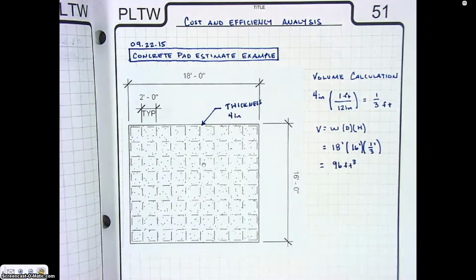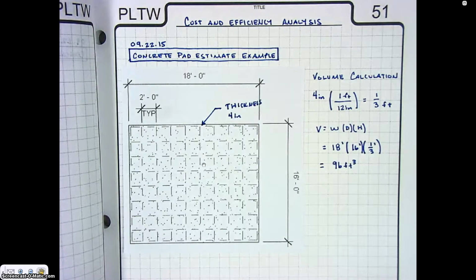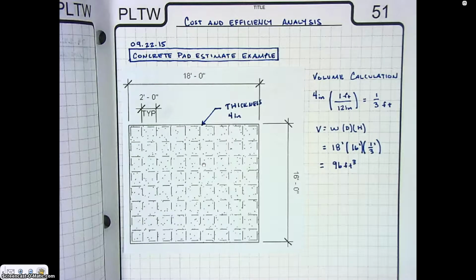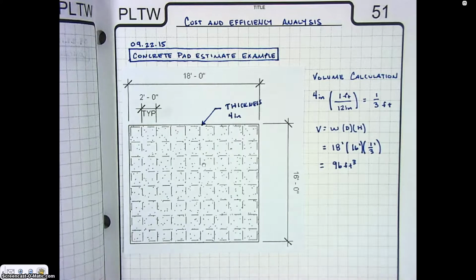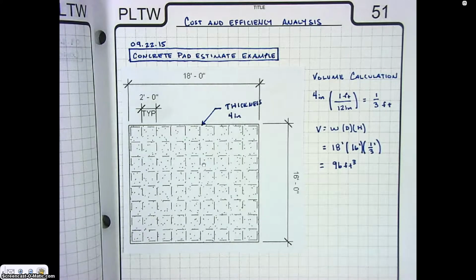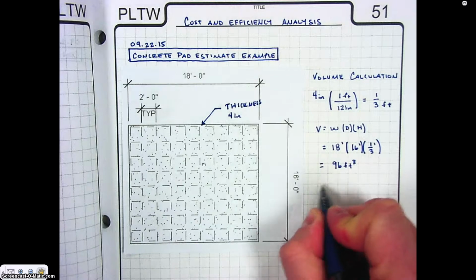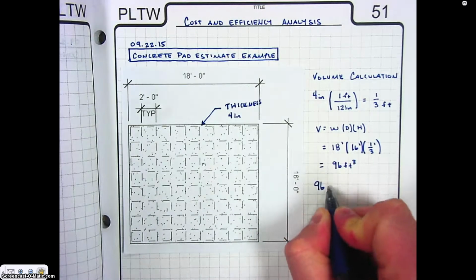All right. Now, one thing we need to know about concrete is that concrete is sold by the cubic yard. And so we're going to have to convert our cubic feet into cubic yards to see how many yards of concrete we need for this pad. To do that, we're going to take our 96 cubic feet, that's our given unit.